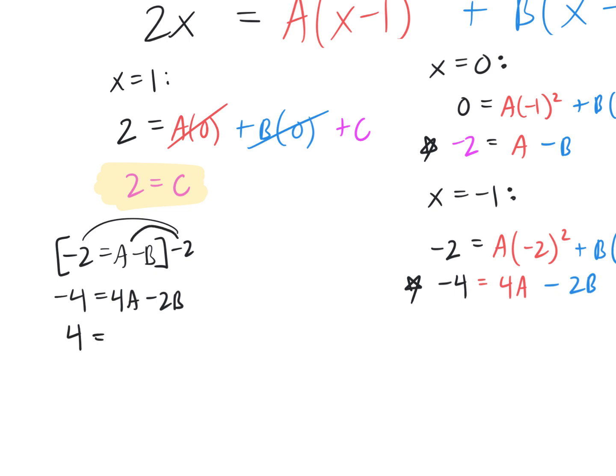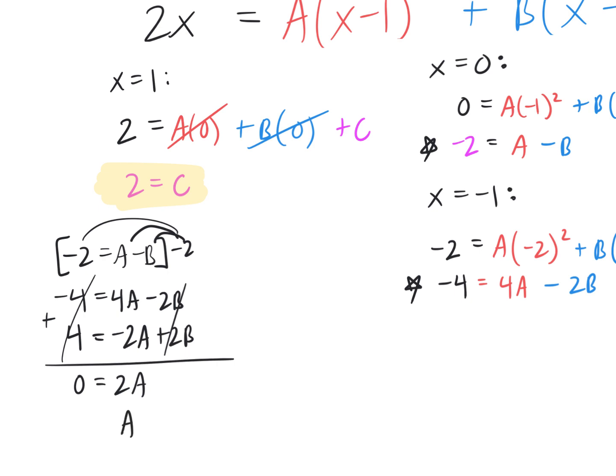Negative 2 times a would give me negative 2a. And then negative 2 times negative b is positive 2b. Okay, so now I can add these together. I end up getting 0 is equal to 2a, and then the 0 again. So a equals 0.